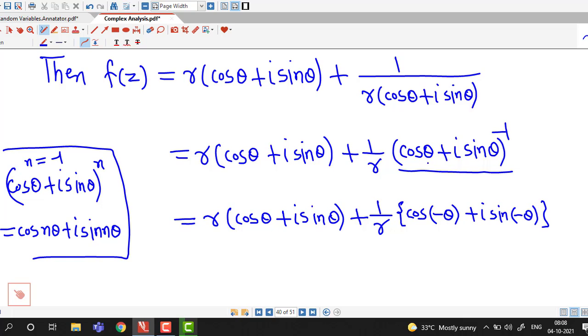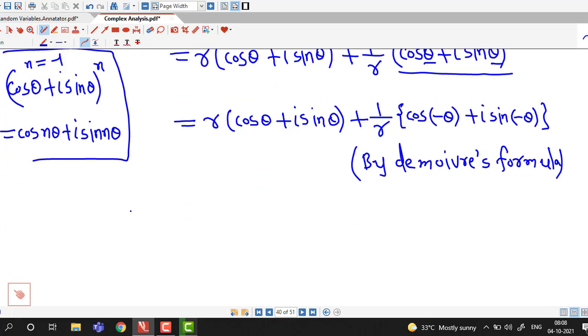We multiply the angle theta by the power minus 1, and we write in the bracket that this is by applying de Moivre's formula, which is (cos theta plus i sin theta) raised to n equal to cos n theta plus i sin n theta.